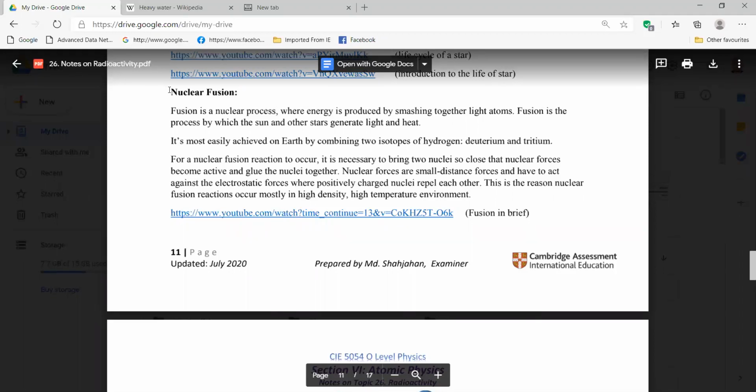At that time they will build fusion reactors also, where we can get lots of energy, because we have a large supply of water. And if somehow we can successfully do nuclear fusion, that is a fusion power station, then we will have an abundance of energy. We will not have any worries about energy, because we have enough supply of water.